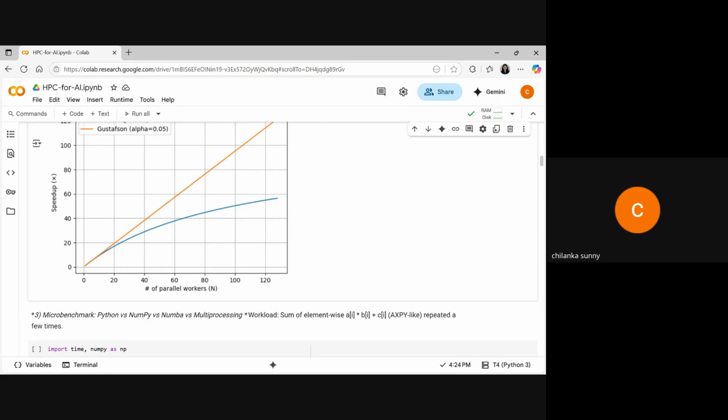So that's why we are seeing some improvement. Anyhow, we understood that the maximum speedup achievable in strong scaling is limited by the serial fraction, and in weak scaling we can achieve much higher overall speedup, because we are now considering multiple workloads or increased size of work.